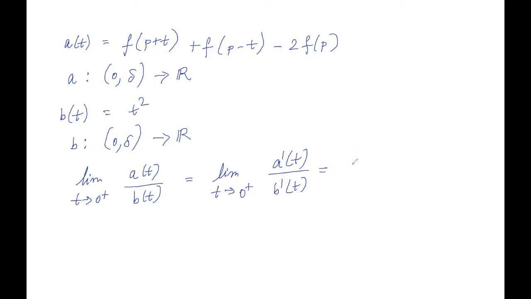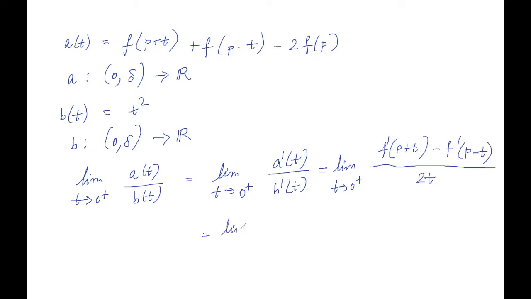So we have this equal to the limit as t tends to 0 plus of f dash p plus t minus f dash p minus t by 2t.